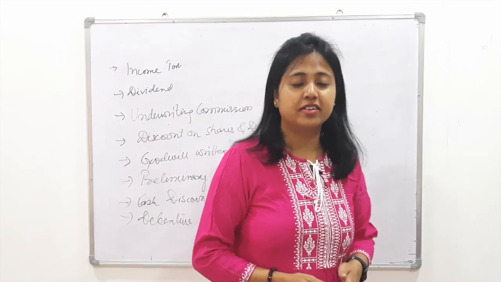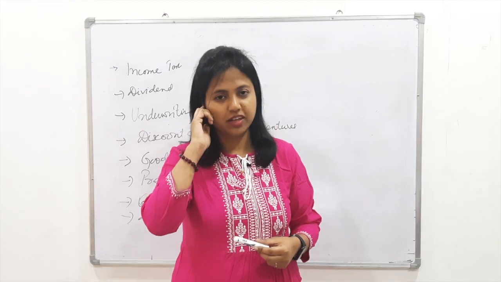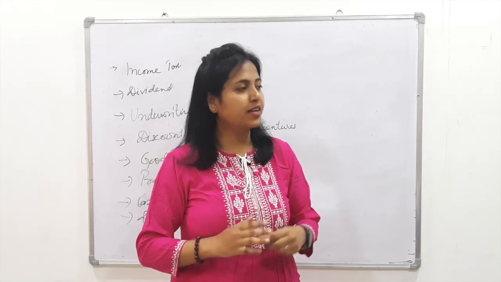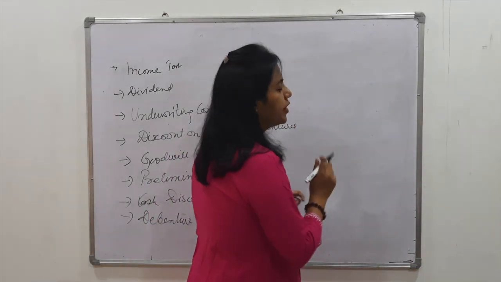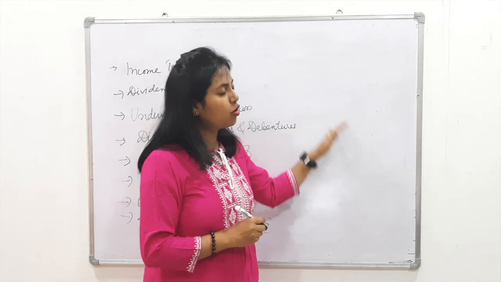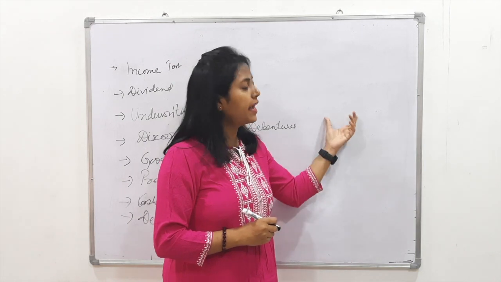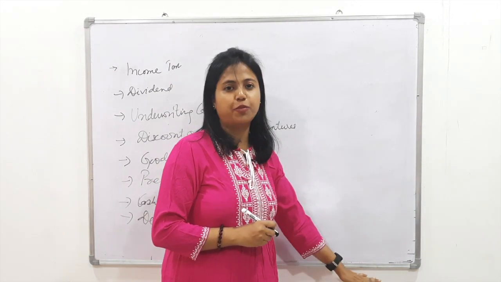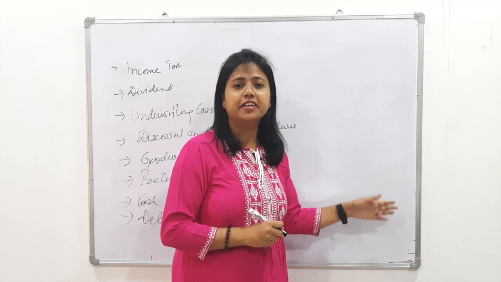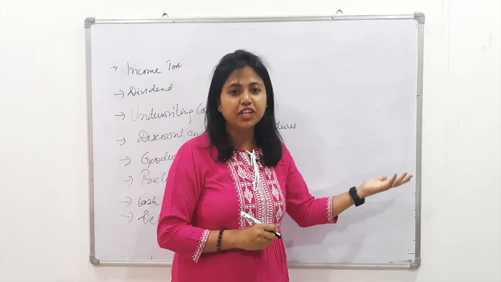Now the last part is that when we prepare a cost sheet, there will be some items that we will not consider. Why? Because when we are preparing a cost sheet, we have to take those items of cost which are a charge against profit, which reduce our profit. We will not take certain expenditure which are financial in nature.